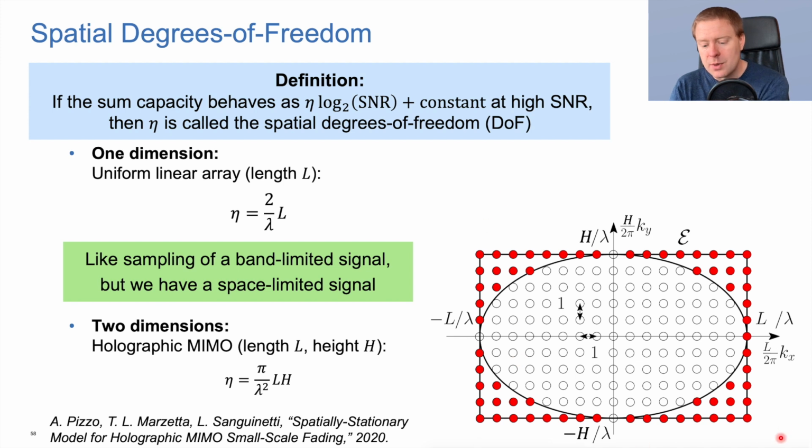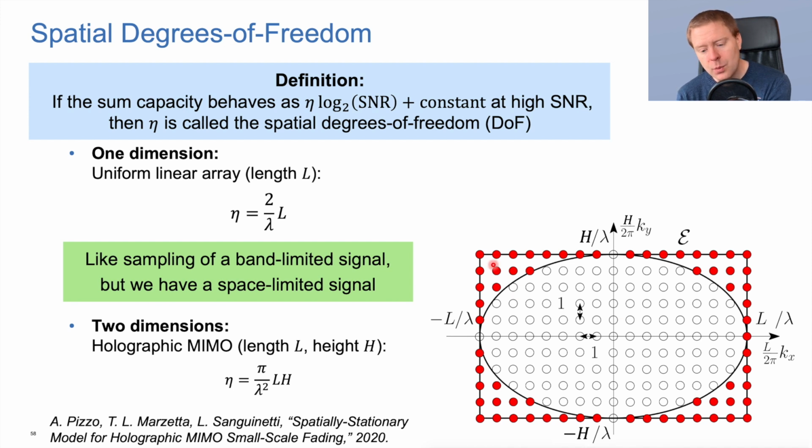So if this is our receiving aperture, then we have a length and we have a height, and we have a lot of different elements here. And it's actually only the elements that are within a circular, or rather elliptical area here in the middle that are contributing to the degrees of freedom, while what we have at the outside here is only receiving the same signal as the ones at the inside.